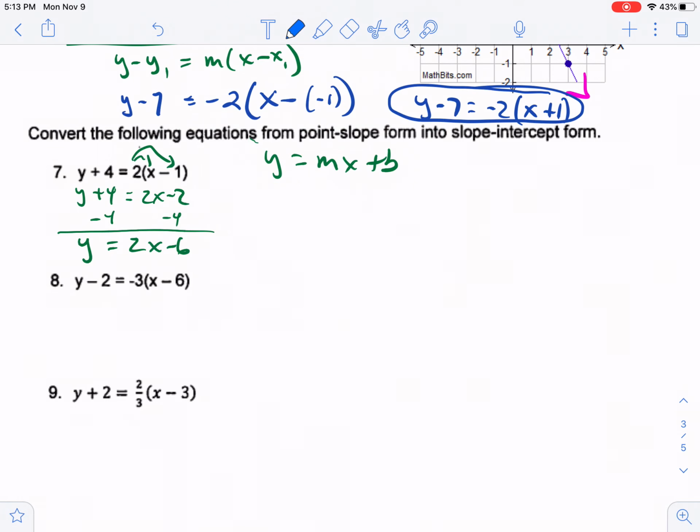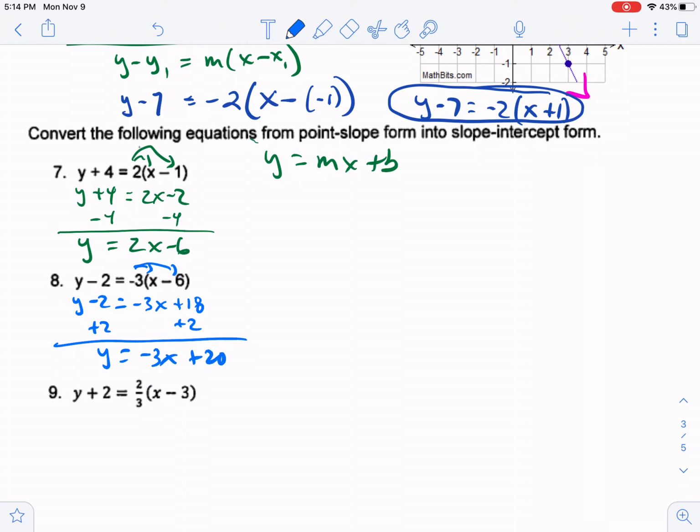Same thing over here. Distribute the negative 3. y minus 2 equals negative 3x plus 18. Add 2. And folks, y equals negative 3x plus 20. What's the slope here?